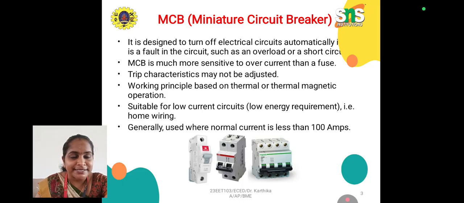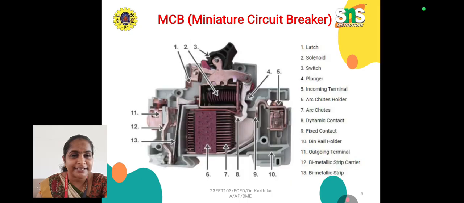See the diagram of the MCB, miniature circuit breaker.